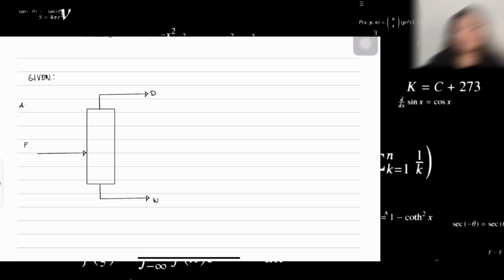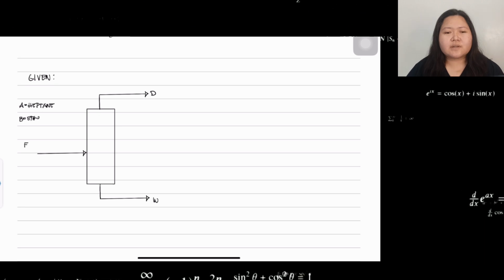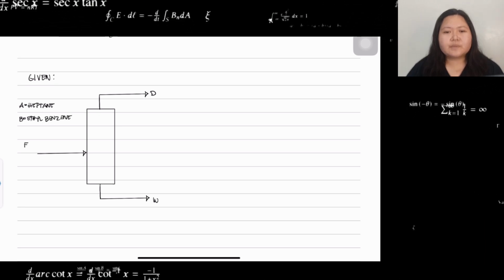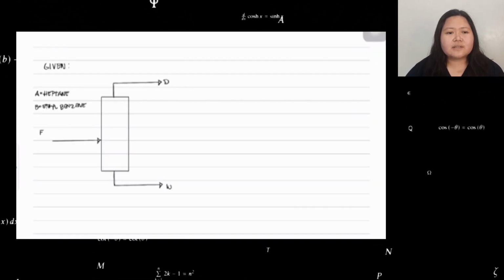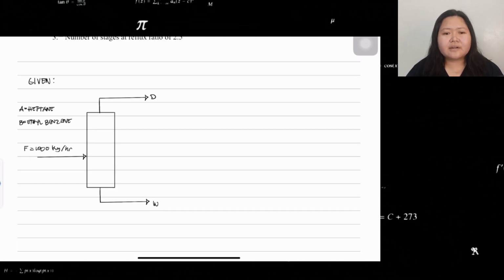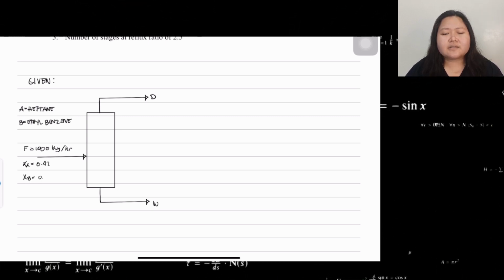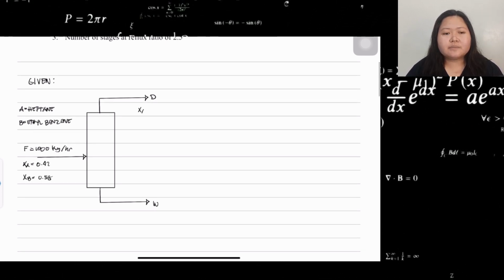To solve this problem, first we need to let A equal heptane and B equal ethyl benzene. Then we need to draw a diagram of a distillation column with a feed of 1000 kg per hour that contains 0.42 mole fraction of heptane and 0.58 mole fraction of ethyl benzene.